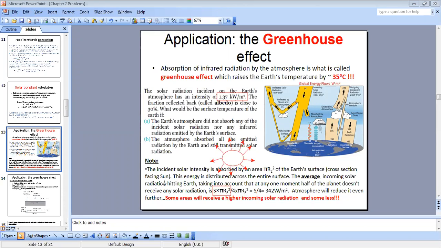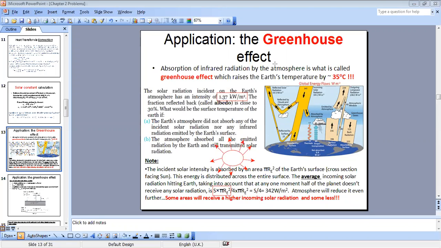So this is the maximum ideal number we can reach, but in a real case we never reach it because we always have a certain reflected fraction by the atmosphere. Also, the atmosphere is not uniform. You have some parts that have a concentration of CO2 different than others. This is why some areas of the Earth will receive higher incoming solar radiation than others.